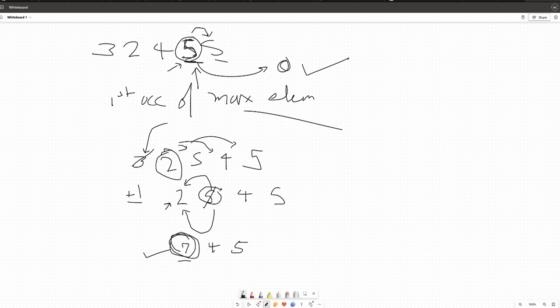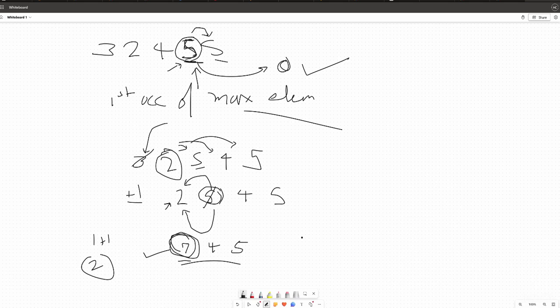We just need to delete the candidate with the maximum number and add it to the current one, and that will be our answer. So in this case, the answer will be 1 plus 1, that will be 2. We deleted 2 elements, one before 2, another 5, and this candidate won the election.